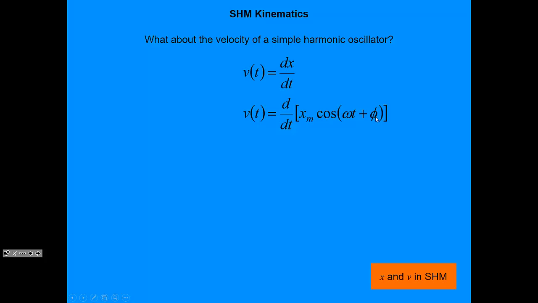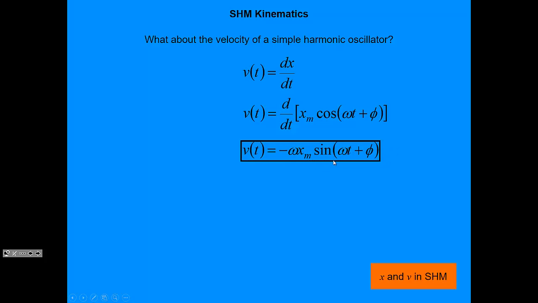There is no rate of change. So the derivative of omega t plus phi is omega. What's the derivative of a cosine? Negative sine. So the derivative of x sub m cosine of omega t plus phi is negative omega x sub m sine of omega t plus phi.